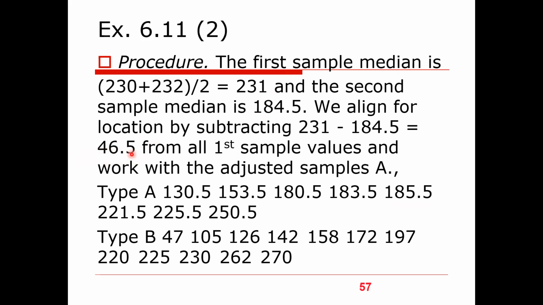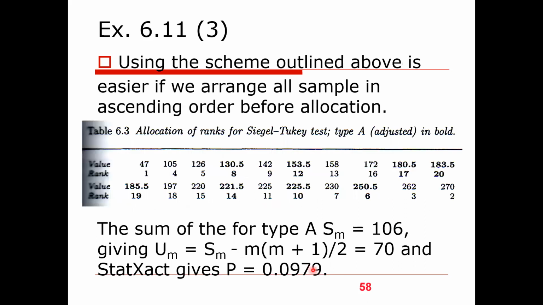Therefore, to make them have the same median, we subtract this difference from every observation in sample A. And then we get the new sample A, new sample 1, type A. This time, these two samples have the same median, so we can perform the variance test.